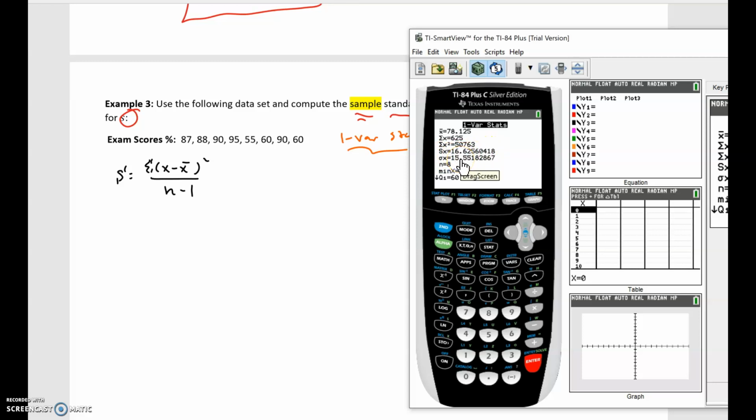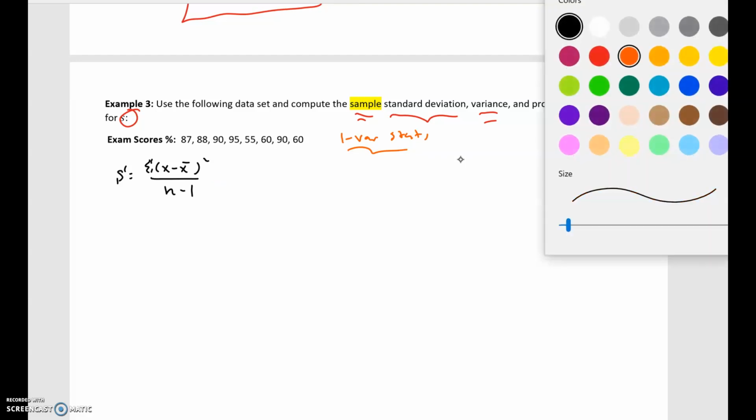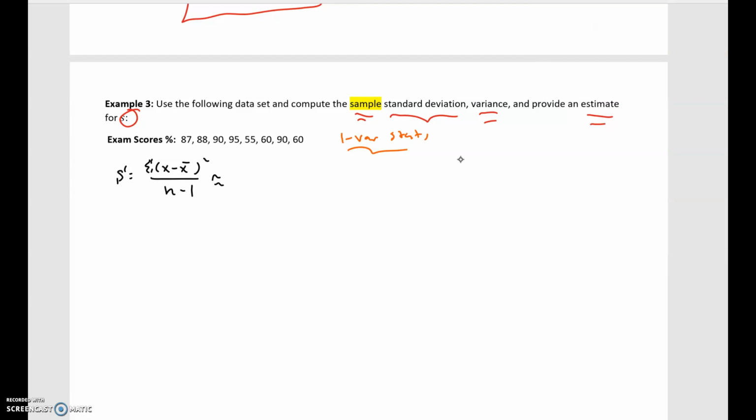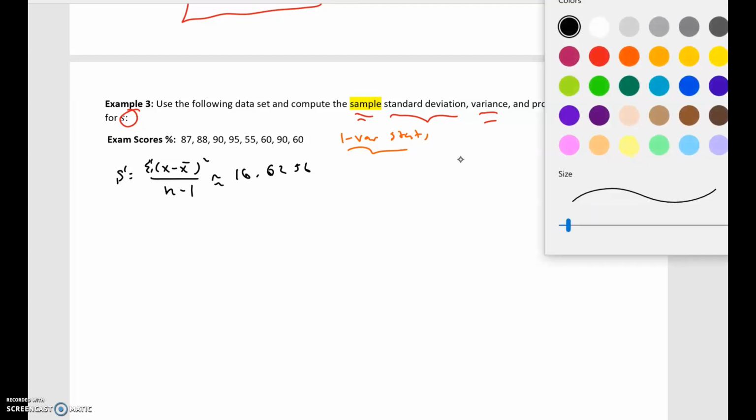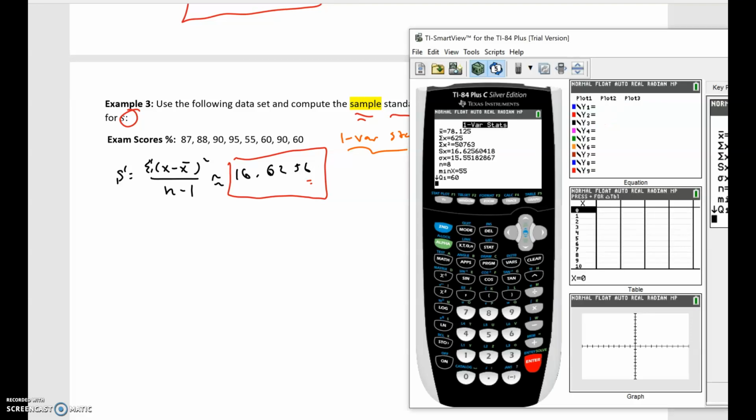So this is going to be approximately 16.6256, rounding to a total of 4 decimal places. I believe that's what we obtained, 16.6256.